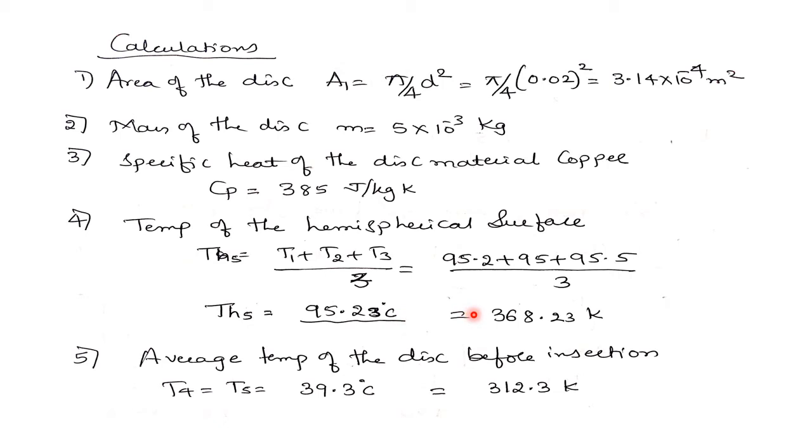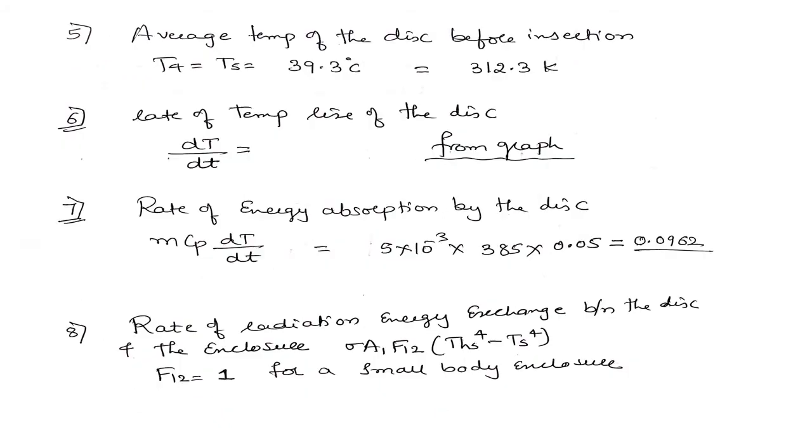Adding 273, we have converted it into Kelvin, it is 368.23 Kelvin. This is my average temperature of the disk before insertion. Already I have told you this temperature T4, indicated as TS, is equal to 39.3 degrees centigrade plus 273, that is 312.3 Kelvin.